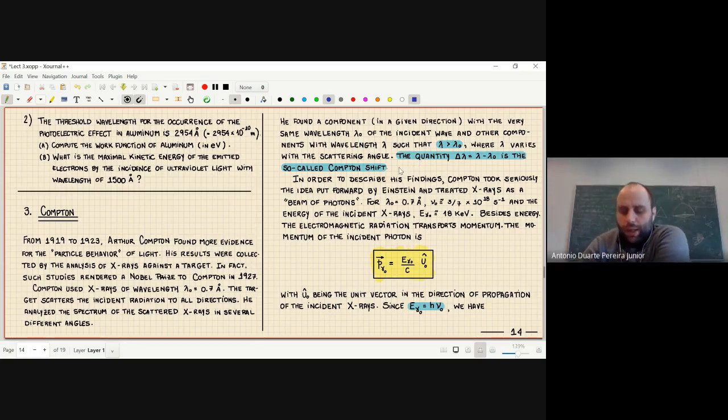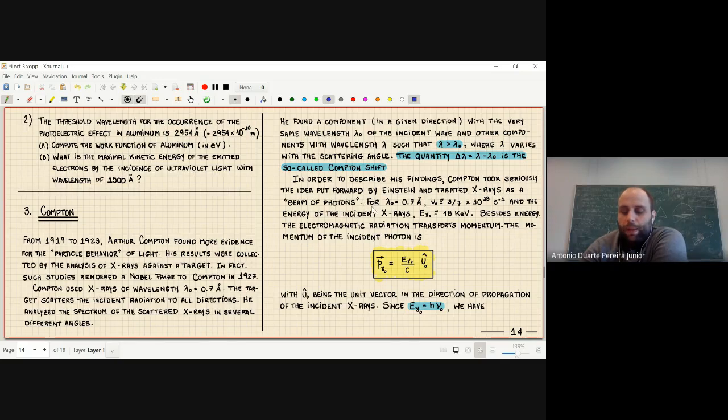So in order to derive an expression for delta lambda, Compton did what I said before. He took seriously what Einstein said, that light was made like a beam of photons.